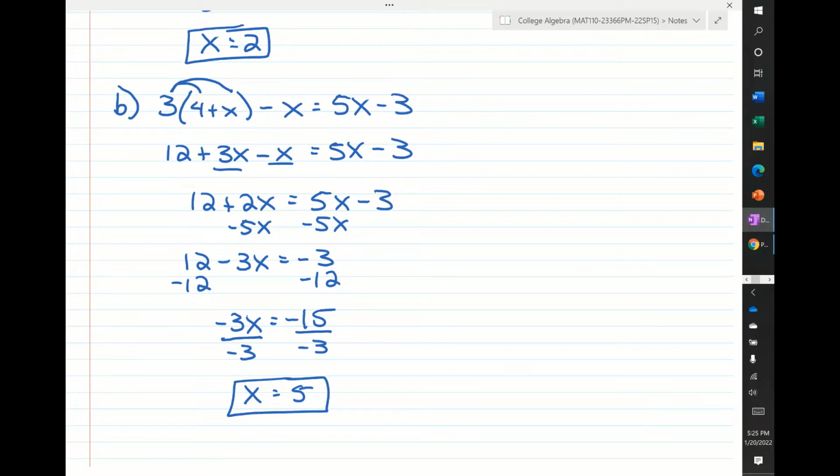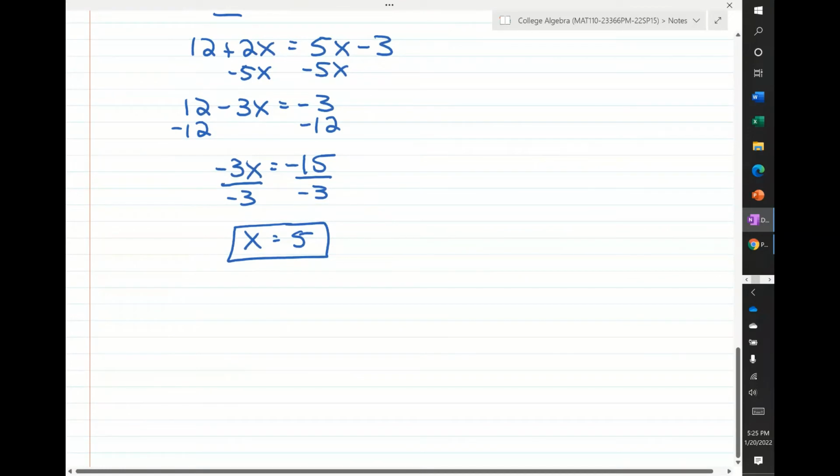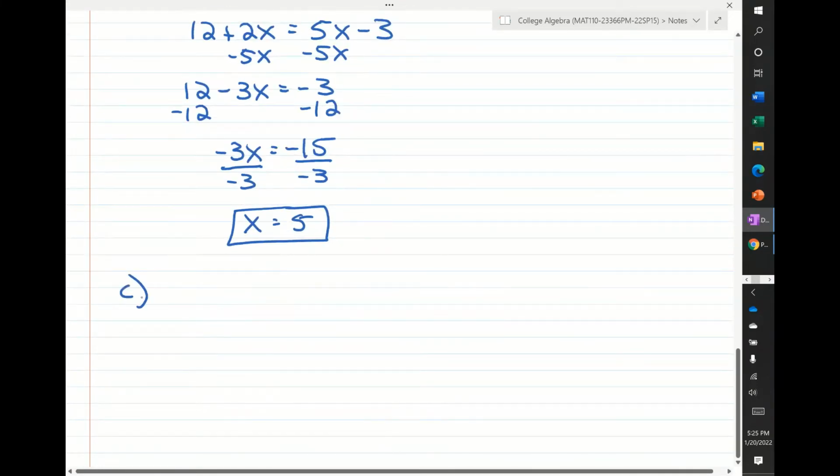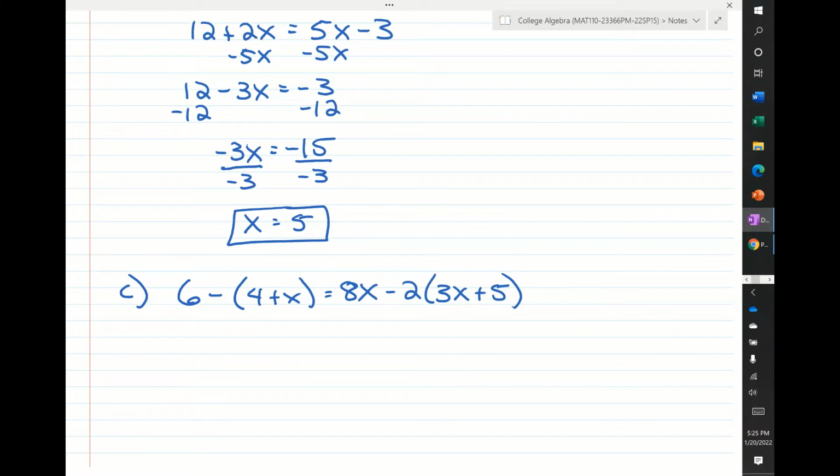A couple more left in this kind of theme. What if we had something where it's 6 minus parentheses 4 plus x is equal to 8x minus 2 times 3x plus 5? You can see the problems are getting increasingly more complex.